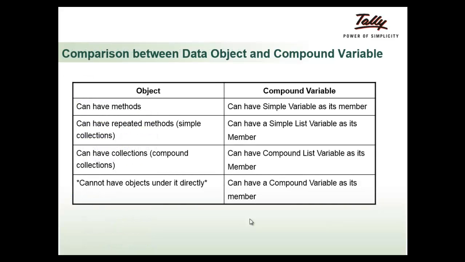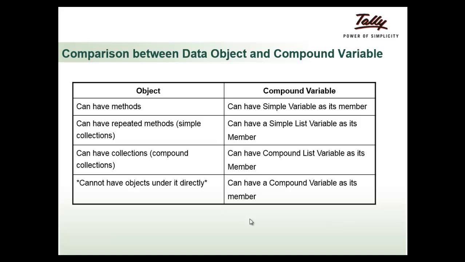So then we went on to compare between object and compound variable, where we told that the methods of an object are comparable to the simple variable of the compound variable, and the repeated methods of an object are comparable to simple list variable of the compound variable, and the compound collections, that is the collections of the object, are comparable to the compound list variable of the compound variable.